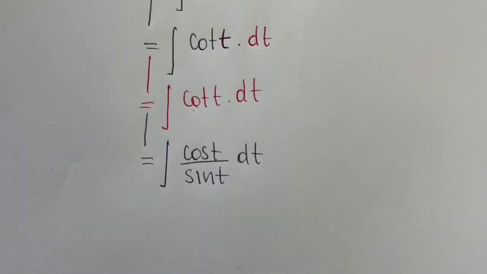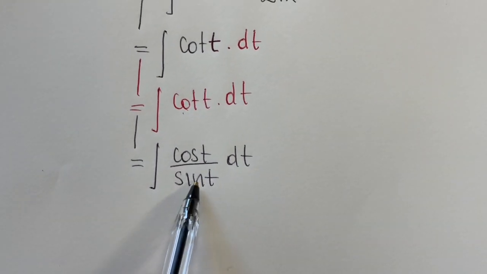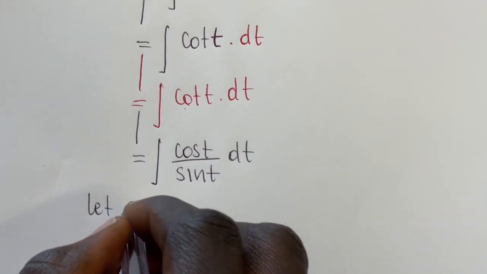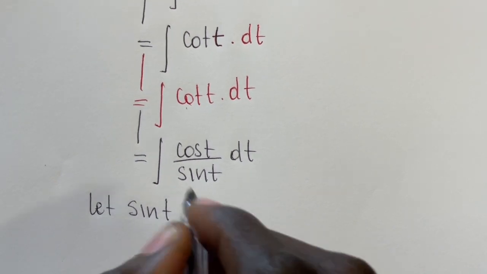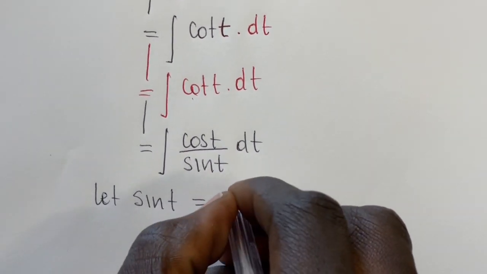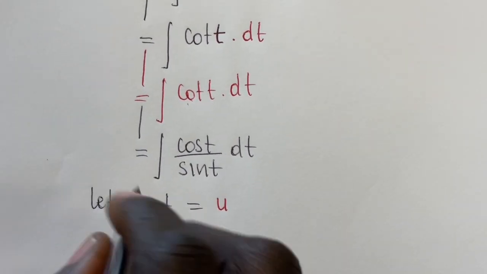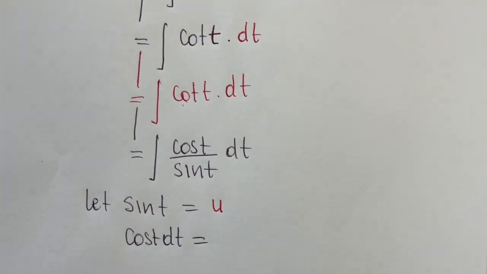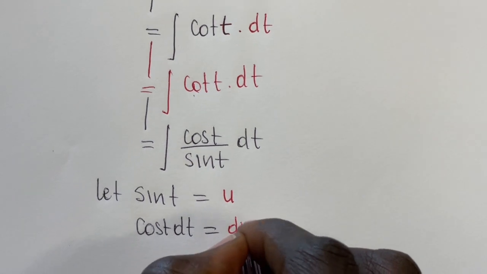So now remember, from here, guys, we can let, for the second time, sine t be u. And then what is the derivative of sine? The derivative of sine is cos t dt, and on this side the derivative of u is just du.